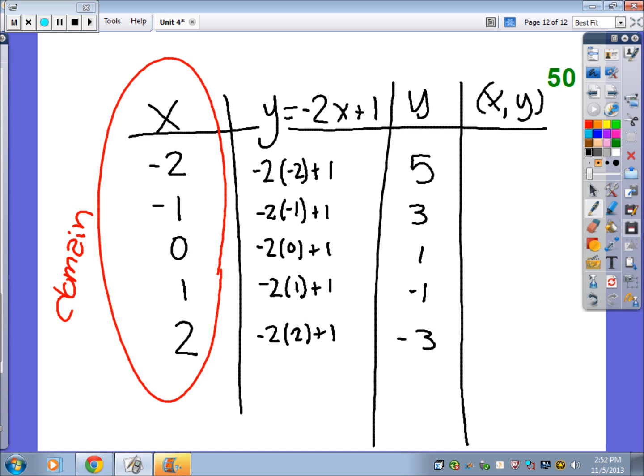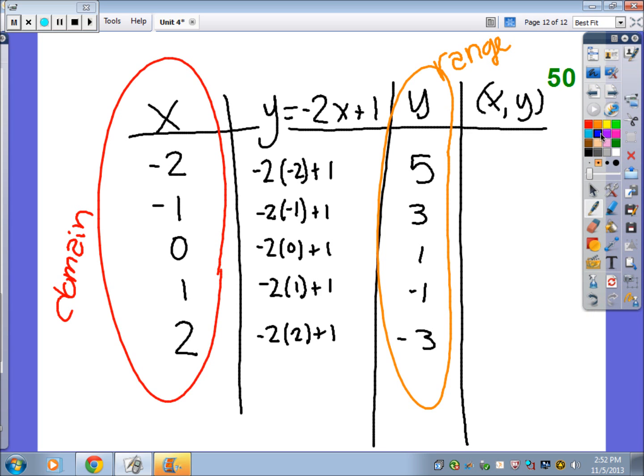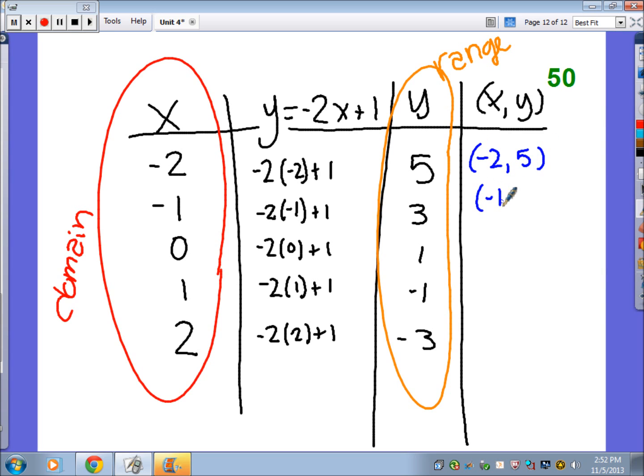And we just found our range. And then I want you to come through and write your ordered pairs. Negative 2, 5. Negative 1, 3. 0, 1. 1, negative 1. And 2, negative 3.